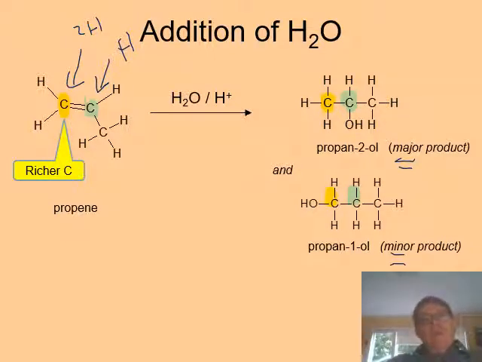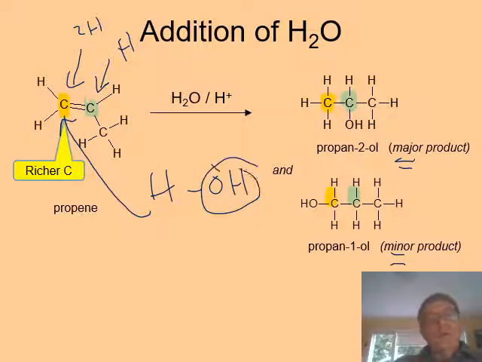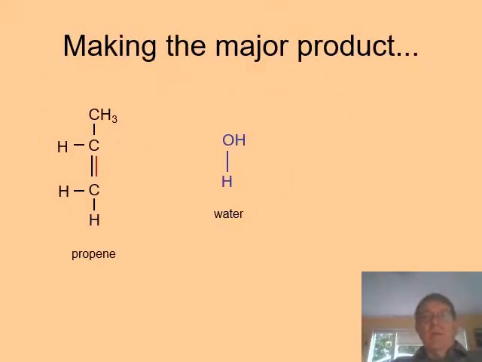So therefore, that's the richer one. That'll determine what's the major product. So the hydrogen from water will end up going to that one. Okay? And the OH will go to the other one to make the major product. The minor product, these will be reversed. But here's the major product forming.